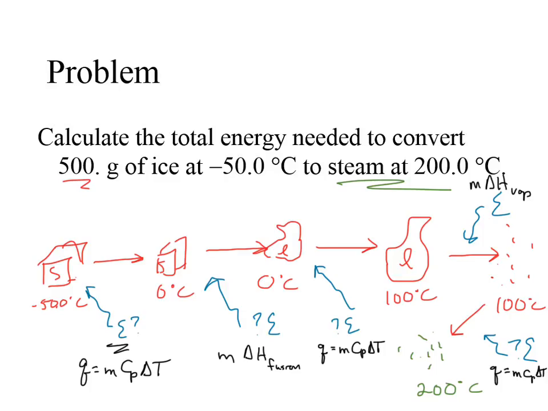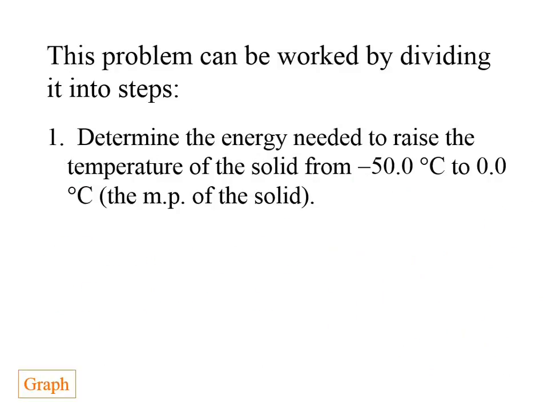So let's execute the strategy. These steps 1 through 5 actually correspond to my question mark E's 1 through 5 on the previous slide. First off, determine the energy needed to raise the temperature of the solid from its original temperature, negative 50, right up to its melting point temperature.